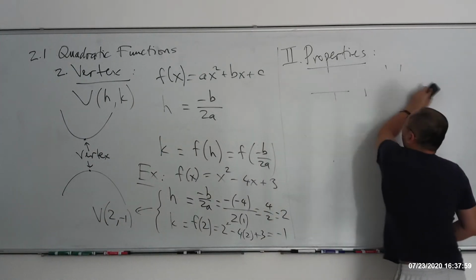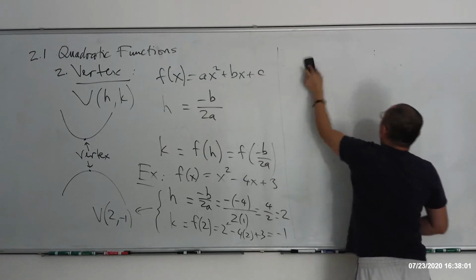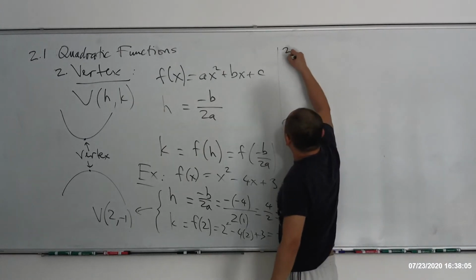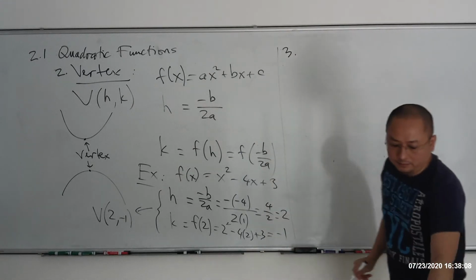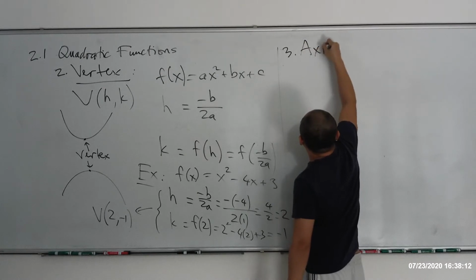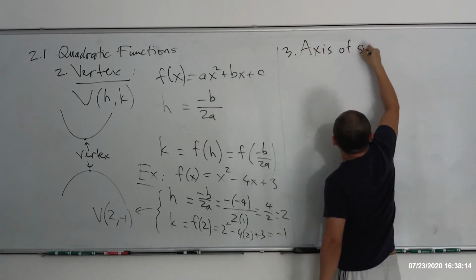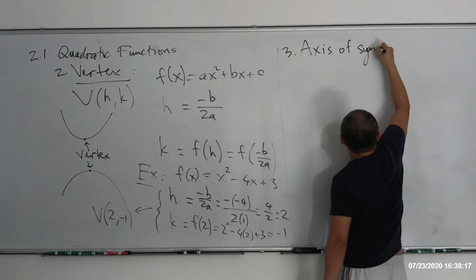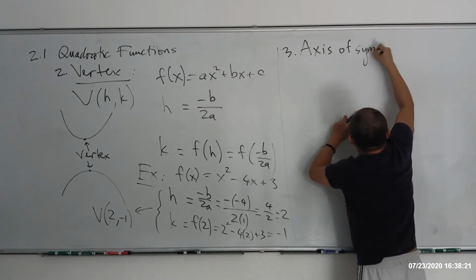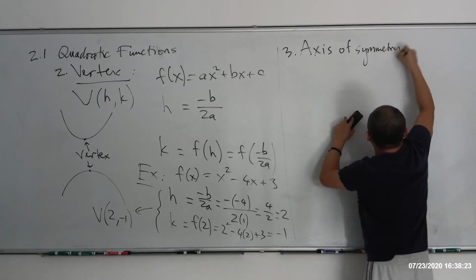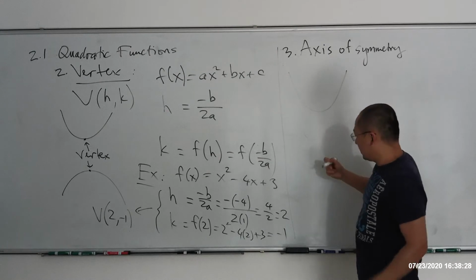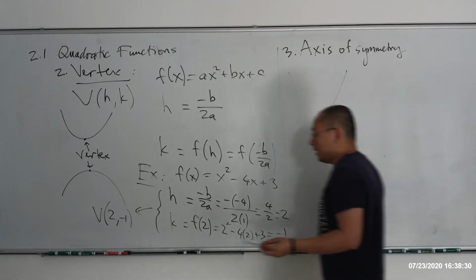Next, talking about another property, number 3. I'll be talking about something called the axis of symmetry. Okay, so say parabola upward, downward is going to be the same thing.